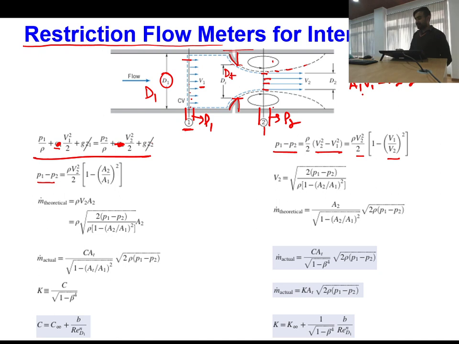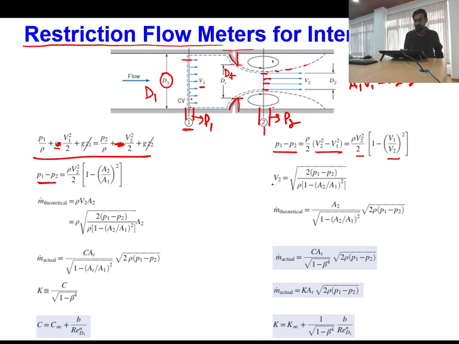So V1 by V2 will be equal to A2 by A1. Is this point clear? Ultimately P1 minus P2 will become rho V2 square by 2 into 1 minus A2 by A1 whole square.